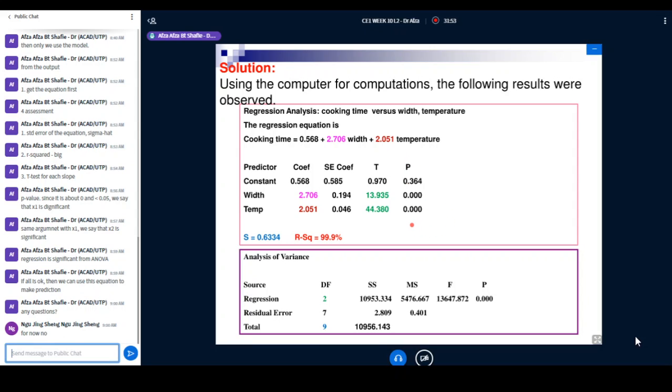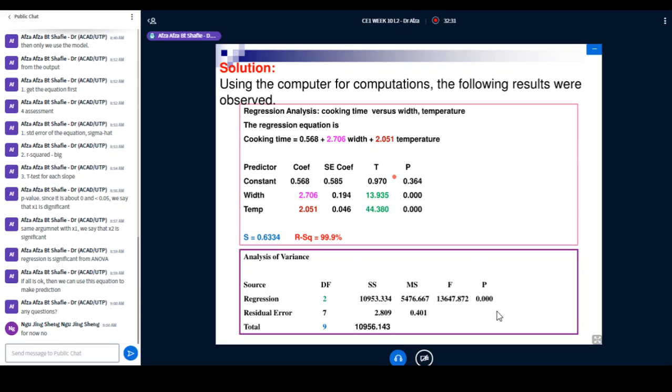If you look at this p-value, you notice that the p-value for the constant is 0.364. So it means that the constant is not important here, meaning there's a possibility that this line will just run through the origin, because the value of the constant is not significant. But that is not our concern. Our main concern is to see whether the width and the temperature are important or not.